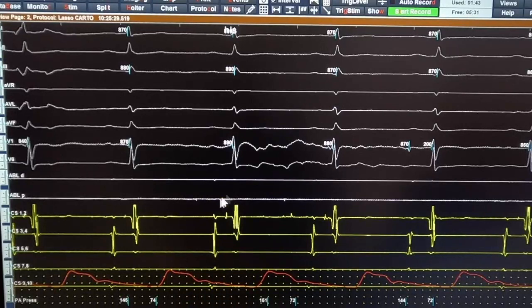At the distal part of the catheter, you can see the far field potential of the atrial activity, His potential, and ventricular potential, which is also a near field. You can nicely see that although both potentials have almost the same amplitude, we know this is a near field of the His bundle. This is a far field of the atrium.